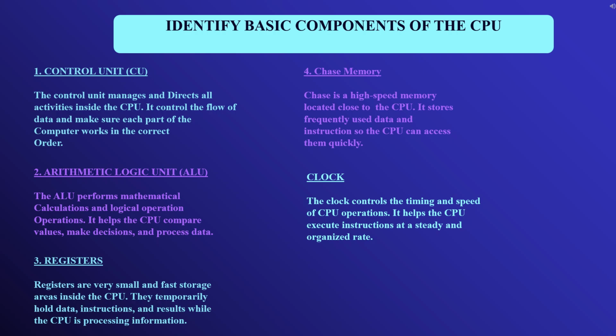Finally, the clock keeps everything synchronized. It generates regular electronic pulses that tell the CPU exactly when to perform each step, similar to a metronome keeping a band playing in time. Together, these components allow the CPU to process billions of instructions every second.